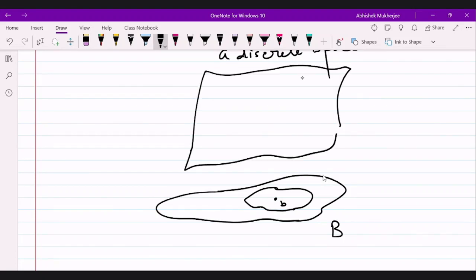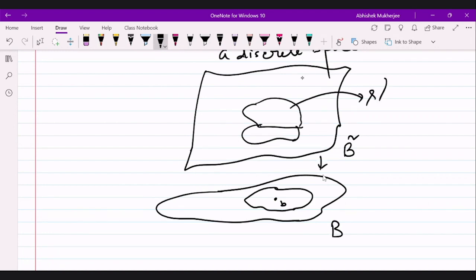So this is your covering space B tilde, where you find some slices of this. These are all slices with respect to that p, right?